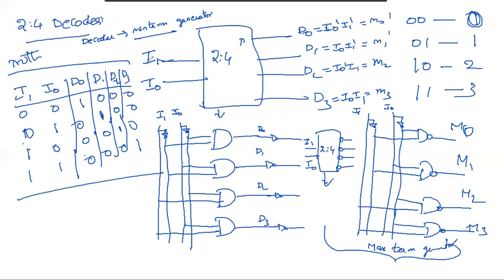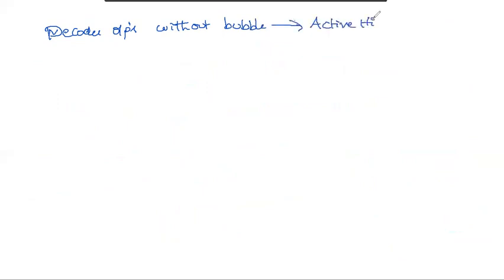This part is the minterm generator. So see the definition. Decoder outputs without bubbles, we refer to as active high outputs. The circuit is called a minterm generator.